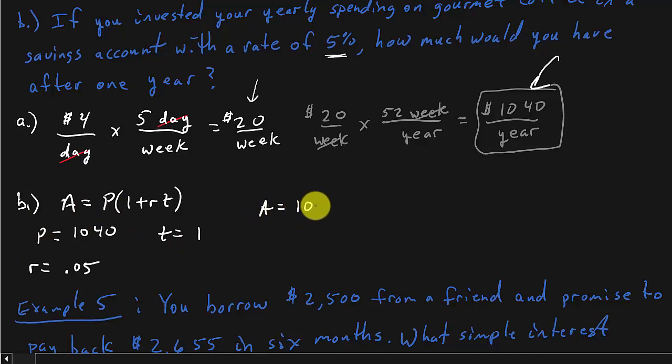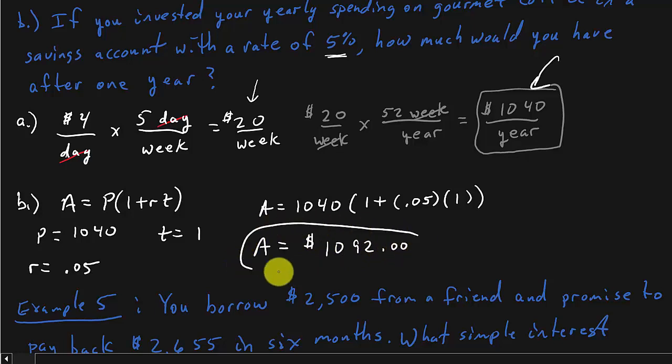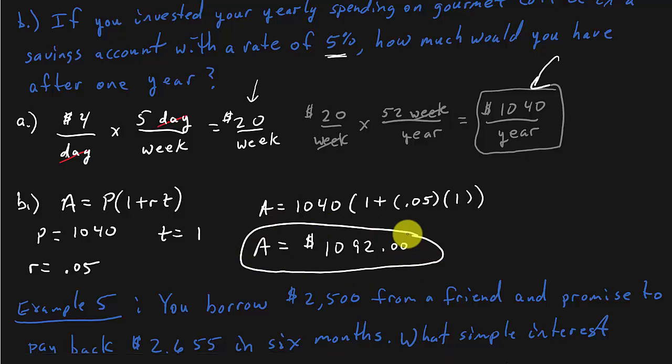So A is equal to 1,040 times 1 plus R, which is 0.05, times T, which is 1. And so we get A is equal to $1,092. And that's your answer. So it looks like you make $52 in a year's time.